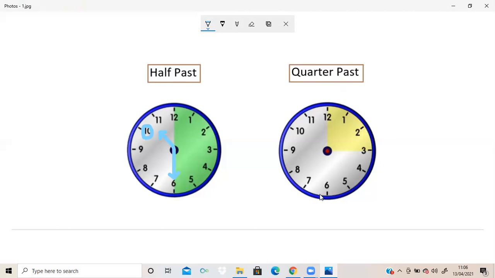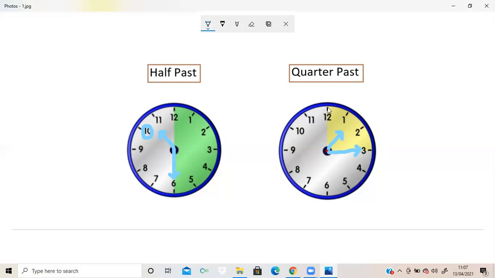In the next clock face, I colored a quarter part of the clock, and that means if the minute hand is pointing at 3 and the hour hand is after, for example, 1 o'clock, then it is quarter past 1.